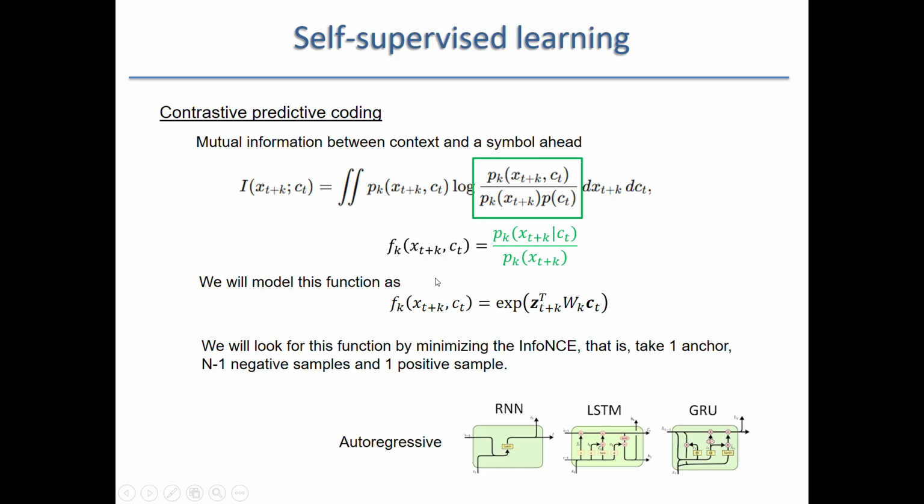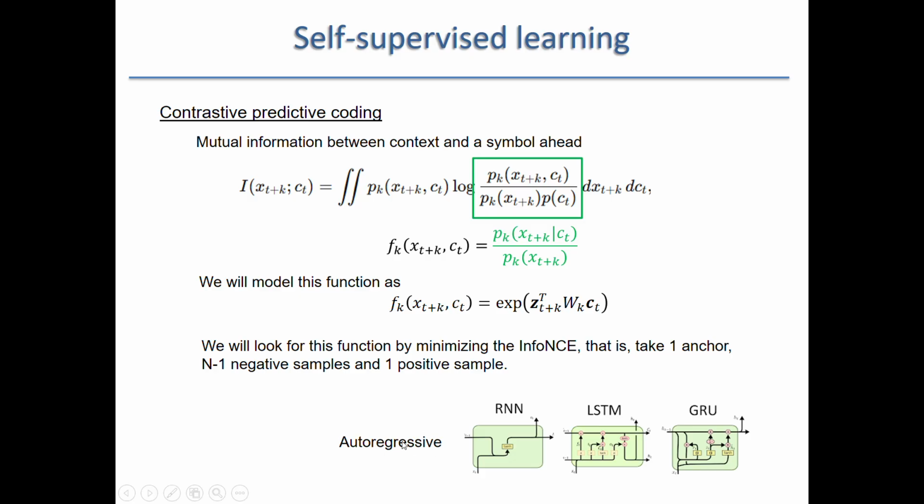So we want to maximize this information when this ratio is modeled in this particular way. And we will look for this function by minimizing the InfoNCE loss. You take an anchor and n-1 negative examples and try to maximize this information.